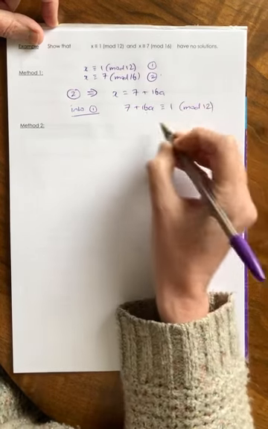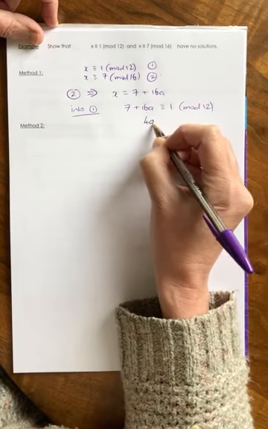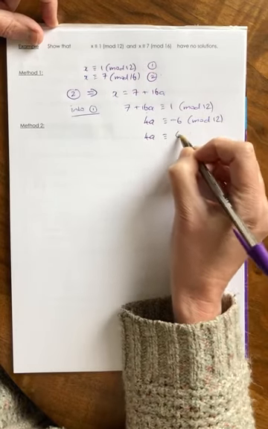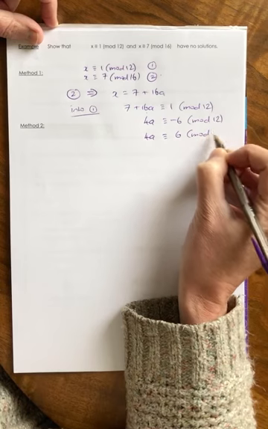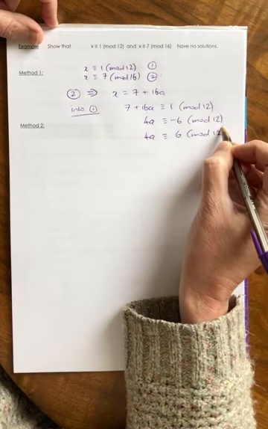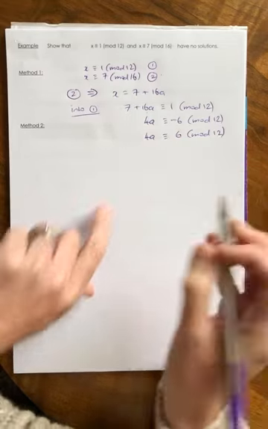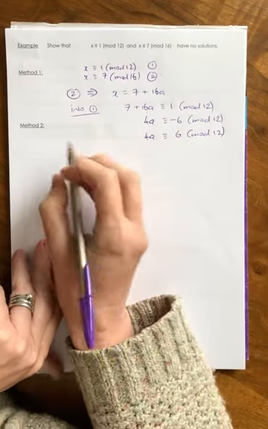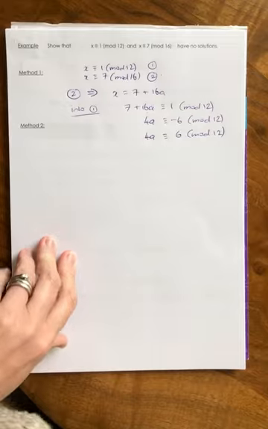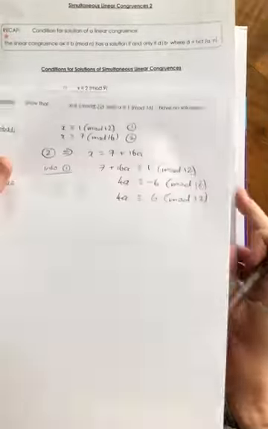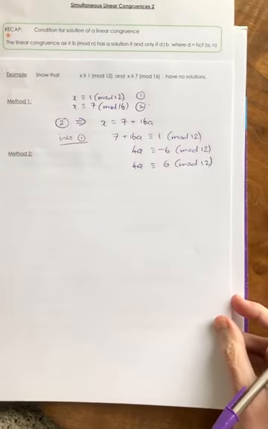Let us reduce that, so that is going to be 4a. Subtract that will make it negative 6, and let's just make that positive. 4a is congruent to 6 mod 12. Now it's of the form where I can use that starred condition, so I'm looking at that statement at the top.